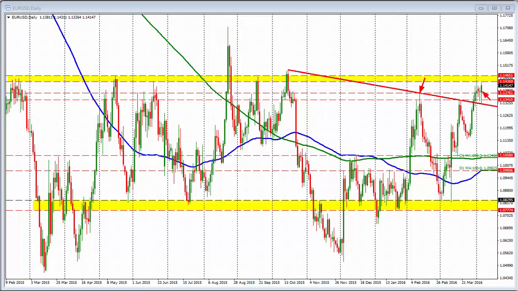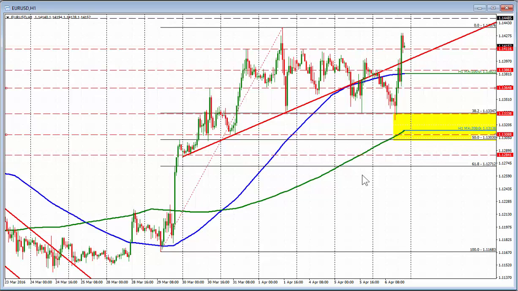The other level I want you to keep in mind comes off the hourly chart. If we go back in time and take a look at Friday's close, Monday's close, and Tuesday's close, we can see that each of those closes came within about 4 pips of each other. On Friday, the market closed at 113.86. On Monday, closed at 113.86, and on Tuesday, closed at 113.83. And so that's a pretty confined area.